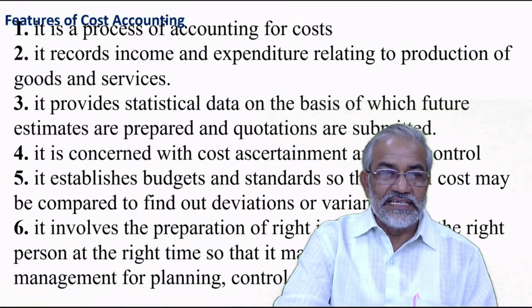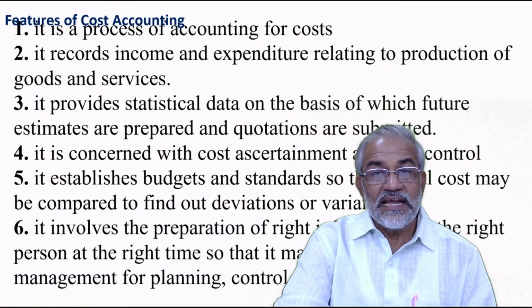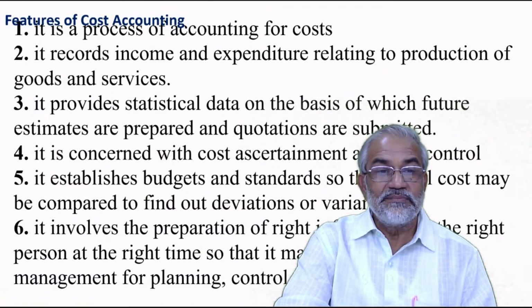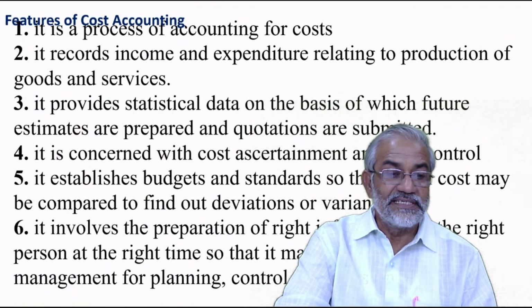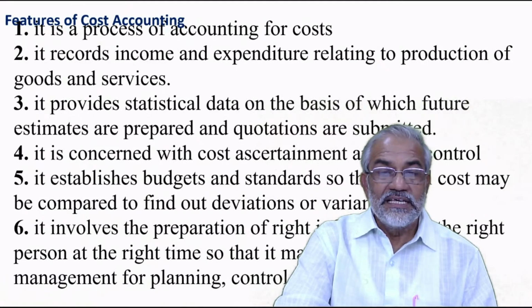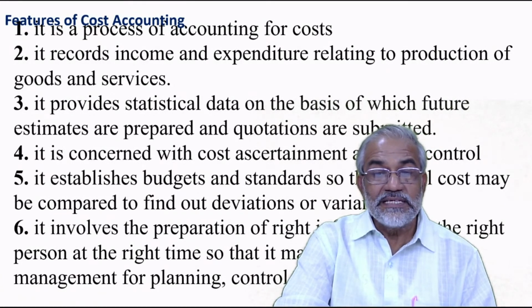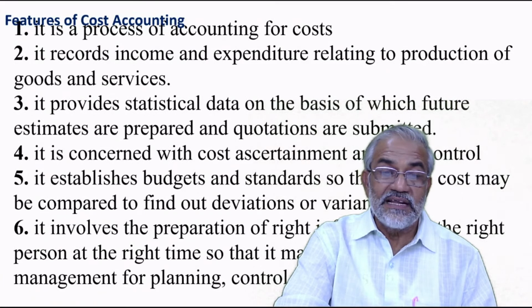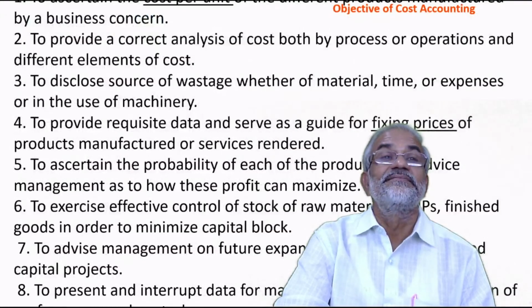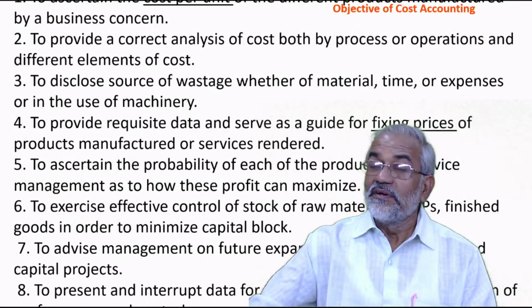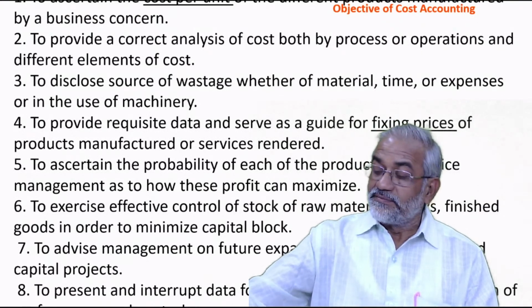Fifth, it establishes budgets and standards so that actual cost may be compared to find out deviations or variances, if any. Sixth, it involves the preparation of the right information to the right person at the right time so that it may be helpful to management for planning, control, and decision making. These are the features of cost accounting.